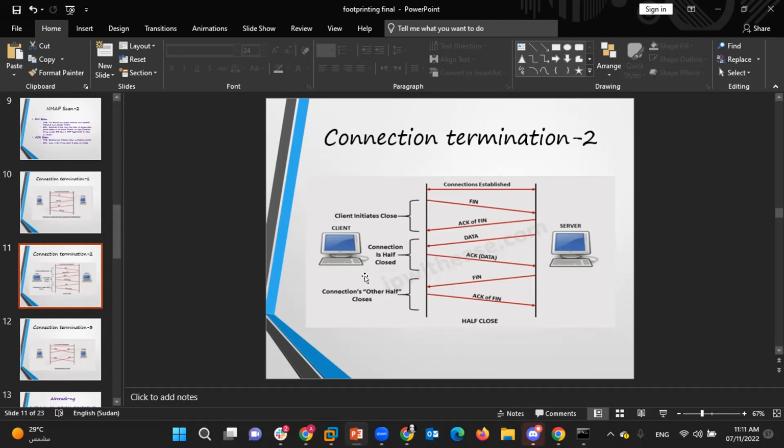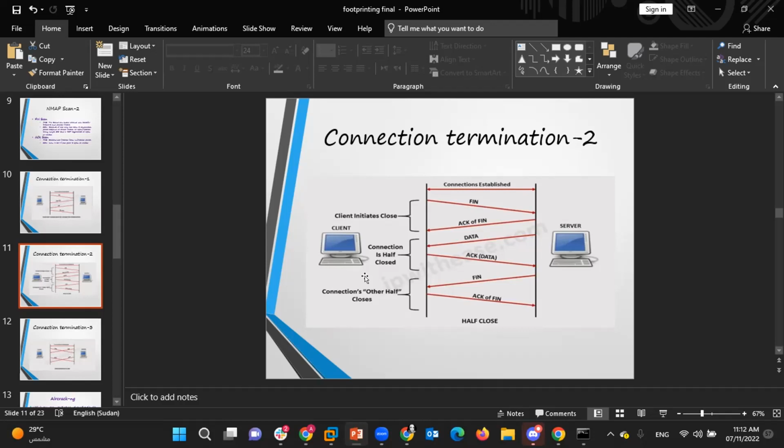When he gets the ACK for the data, the server sends a FIN packet to the client, and the client confirms it by ACK FIN. Just with the latest step, when this packet is sent as ACK FIN from the client to the server, the termination should be done.